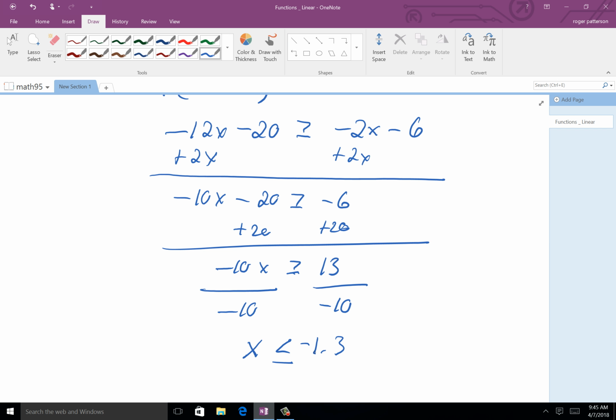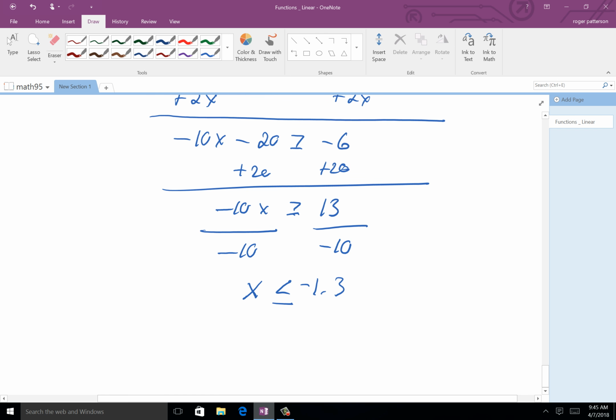So interval notation, let's see, this time we have x is less than or equal to negative 1.4, so it's coming back this way, right? Let me just show it to you. So this would be negative 2, negative 1. So we're going to go this way.